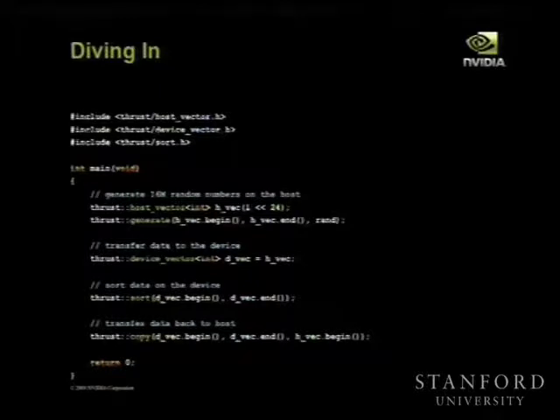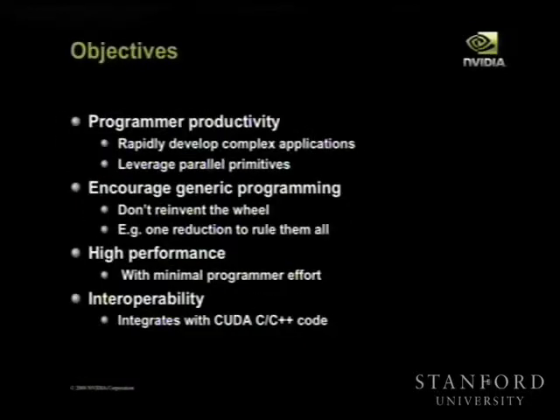Okay, so for the remainder of the talk, I'll go through what the features and functionality in Thrust are, and how that's implemented and things you can do with it. And later on, we'll get to best practices with Thrust, so how to make your programs run as efficiently as possible.